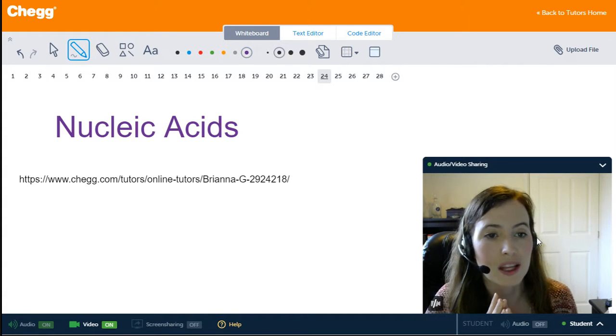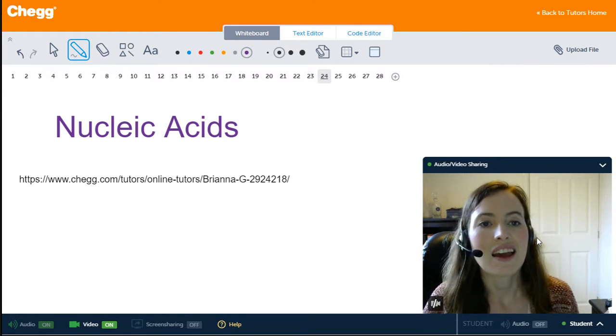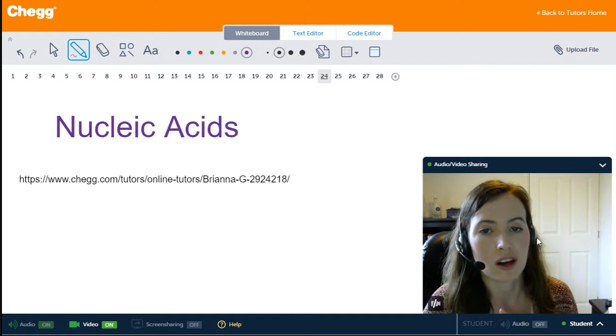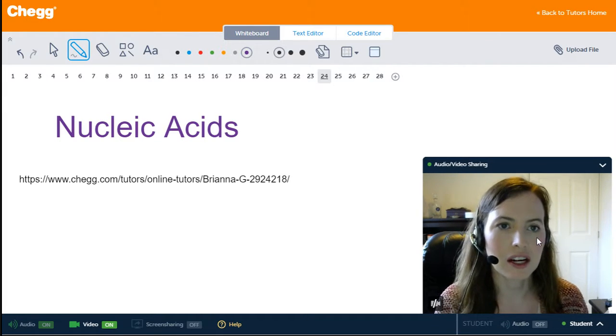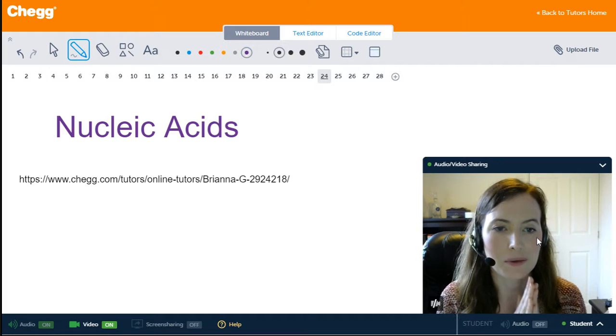So they determined that whatever it is in there, they're going to call it nucleic acid. And then when we started figuring out that there are two different types, DNA and RNA, that's when the breakup happened. But they're still very similar, so they're still within the same group.